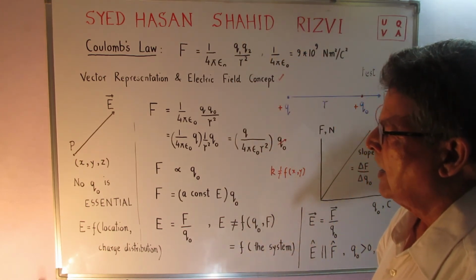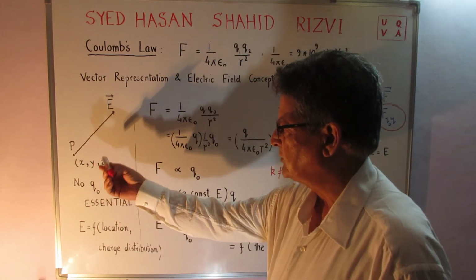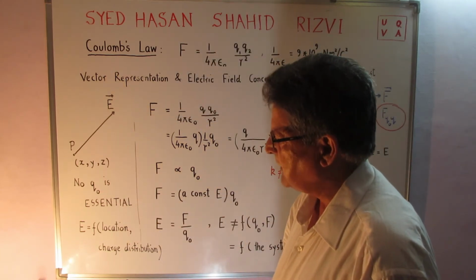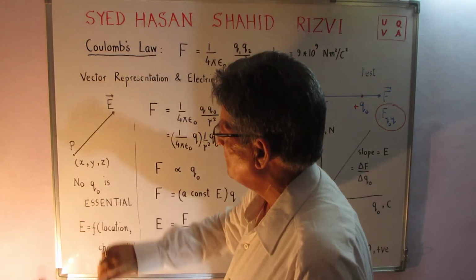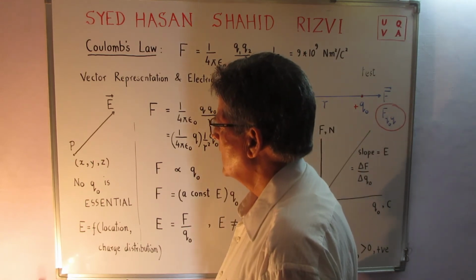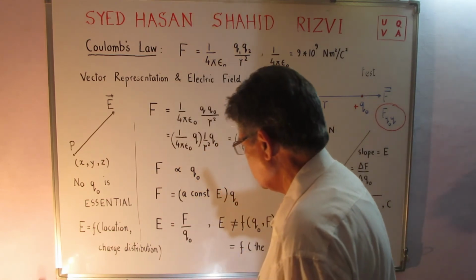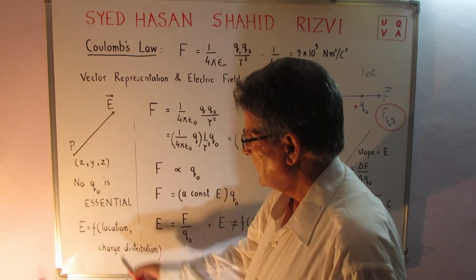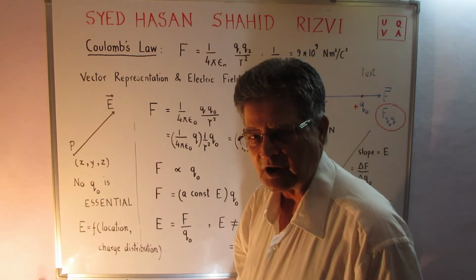Now, I have a point P in space with coordinates x, y, z, anywhere. And we find that the electric field is of this magnitude and in this direction. Now, what is important is that at this location, the presence of a Q naught is not essential.